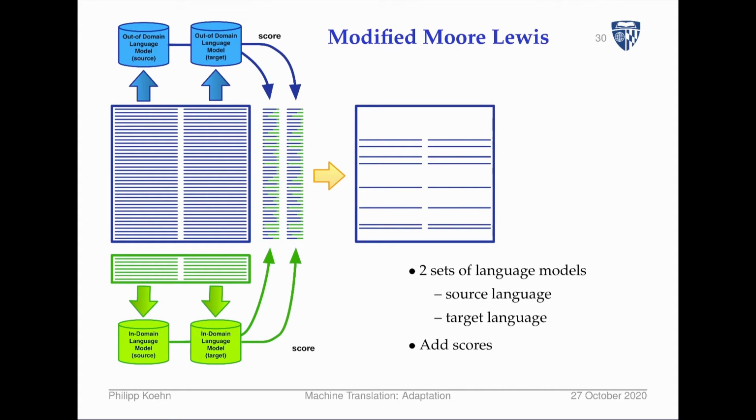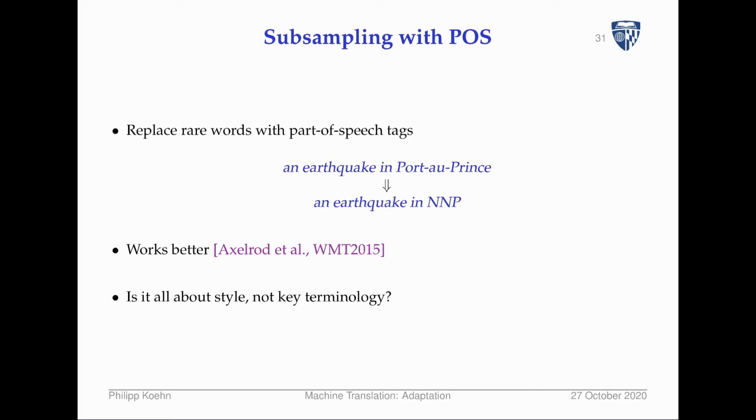So modified Moore-Lewis is the variant of that, where you do this with language models trained both on the source side, on the source language, and on the target side, on the target language. This can also be done with subsampling down to replacing some of the words with part-of-speech tags.